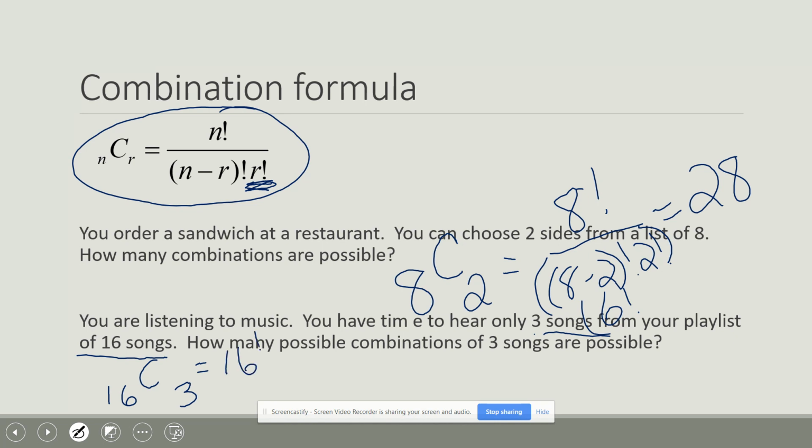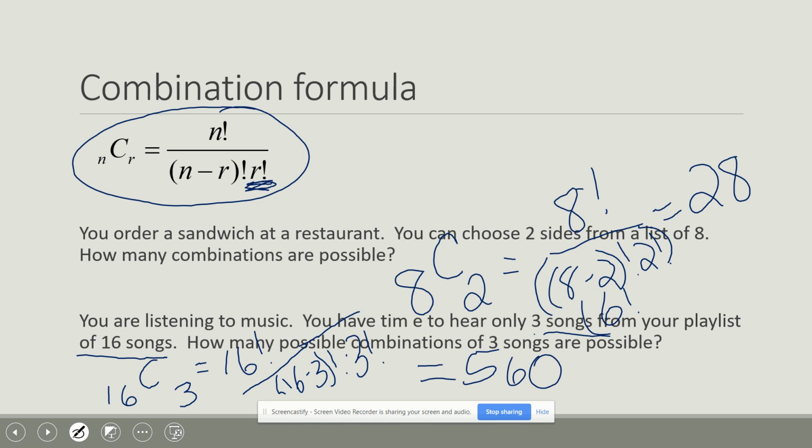So we have 16 factorial over 16 minus 3 factorial times 3 factorial. I do all of that math, and there are 560 ways that we can combine the 3 songs out of those 16 for us to listen to.